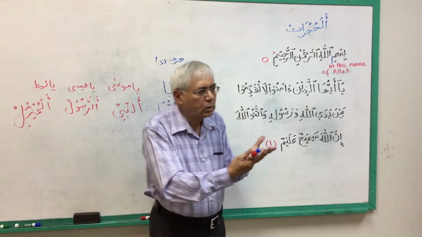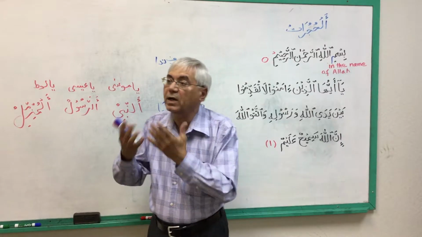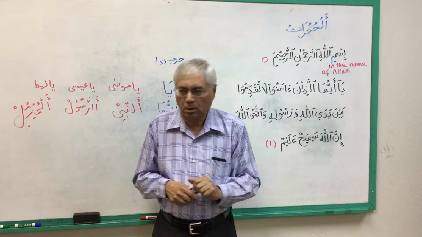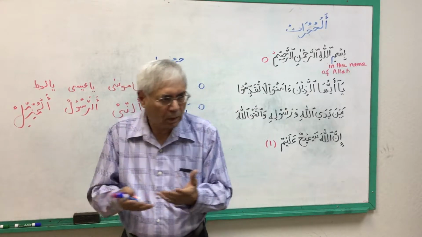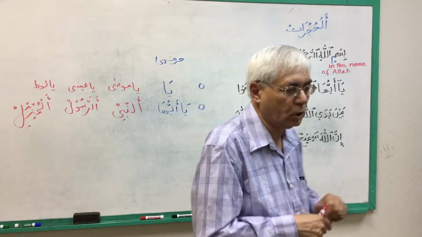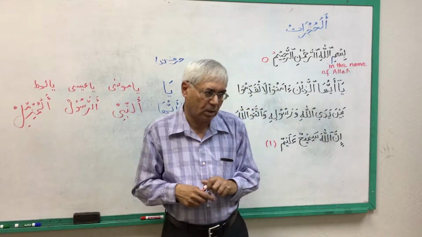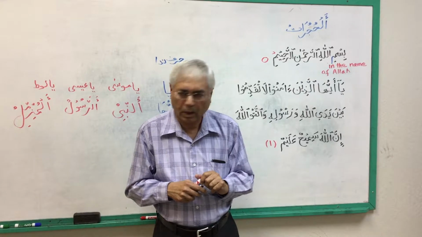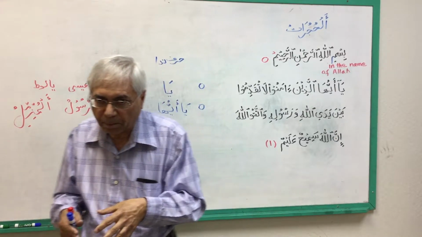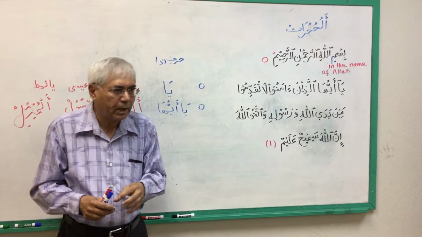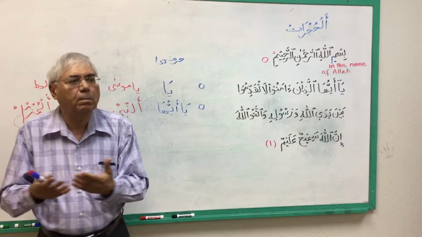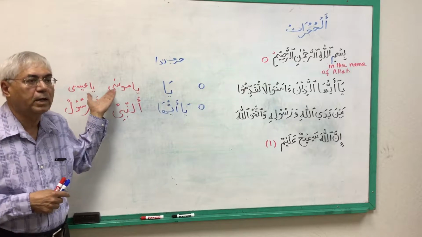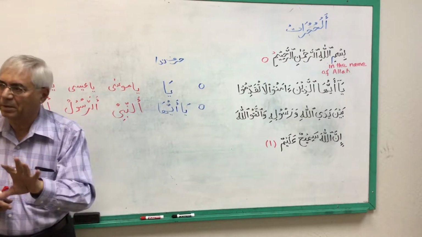When you want to talk to someone who is at a very high position, what do you say? You say, Mr. President. You use his title. Mr. Prime Minister. You use the title of that person. And why? To show respect. So that's a deeper meaning. To show respect, you address the person by his title. It doesn't mean that Musa has no respect, but it is a name.